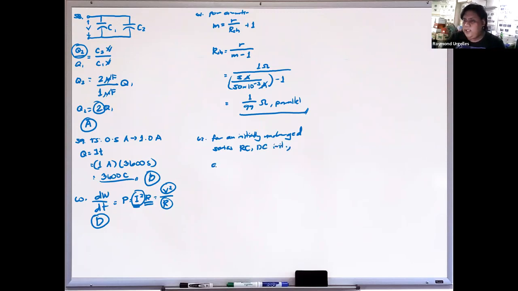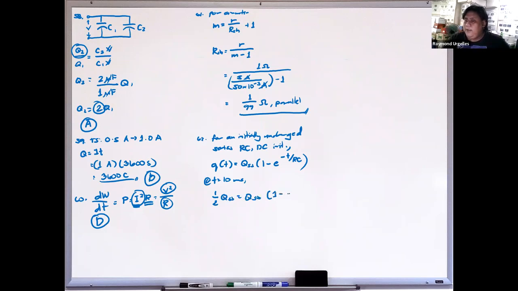So alam natin that the charge is given by the steady state value times 1 minus e raised to negative t over the time constant, which is resistance times capacitance. Nasabi sa problem, at t equals 10 milliseconds, yung charge natin nangalahati nung final value, nung steady state value.